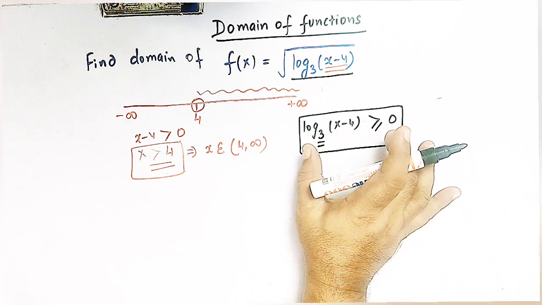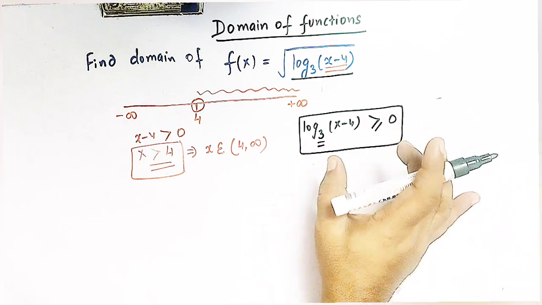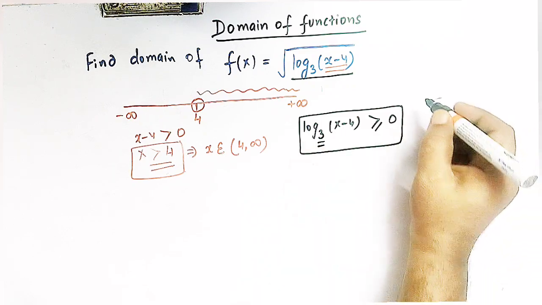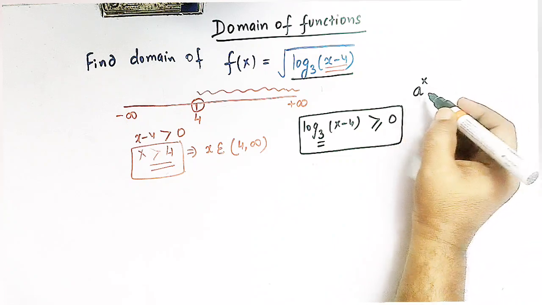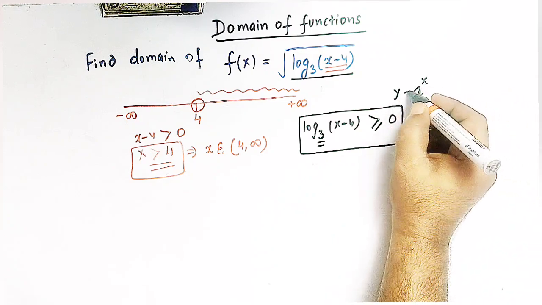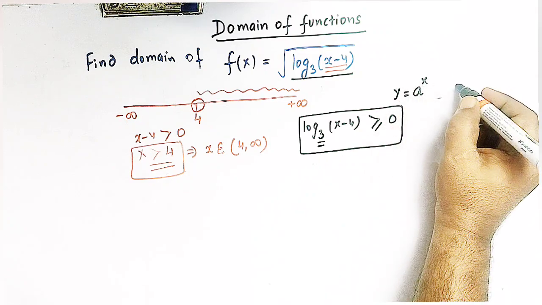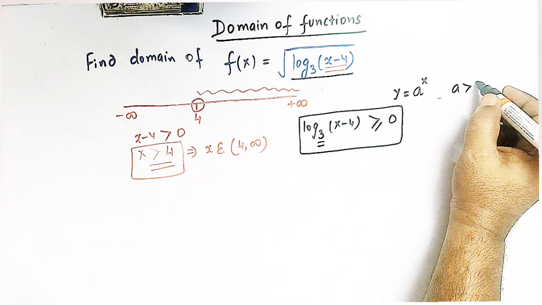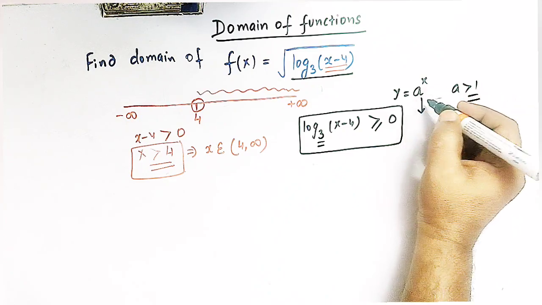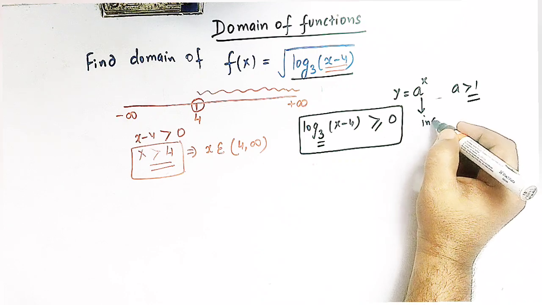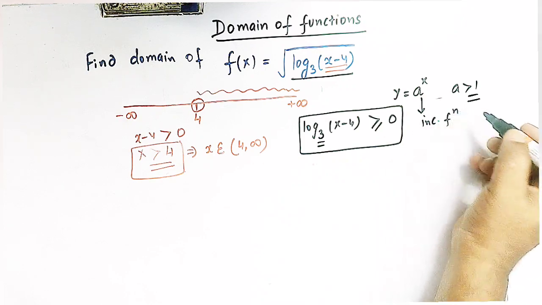In order to solve this inequality, we'll make use of the property of the general exponential function, y equal to a raised to x, where a is greater than 1. We know that this exponential function is an increasing function, right?